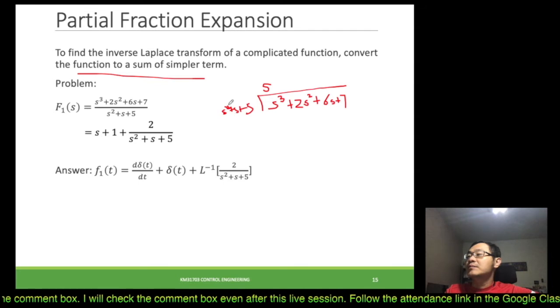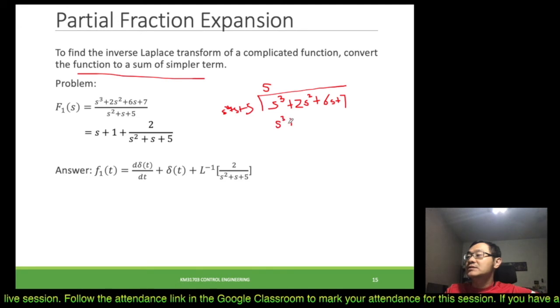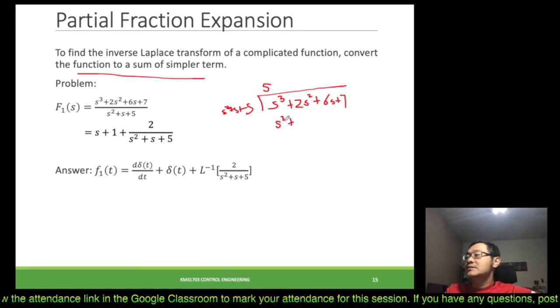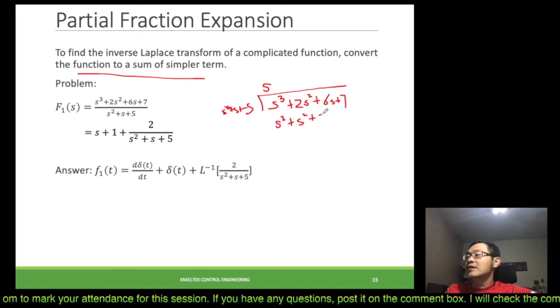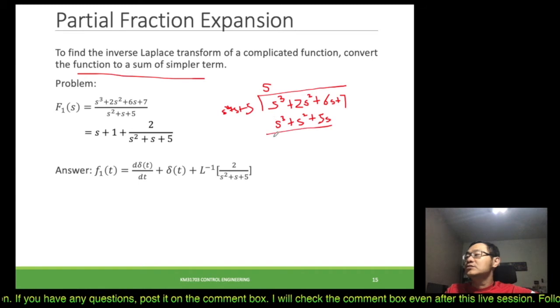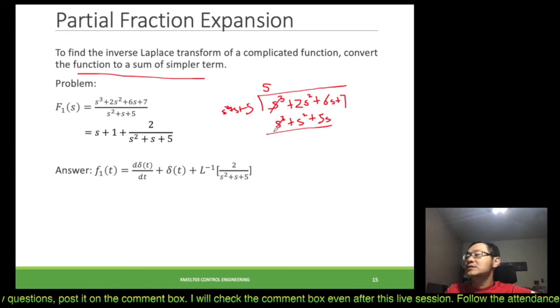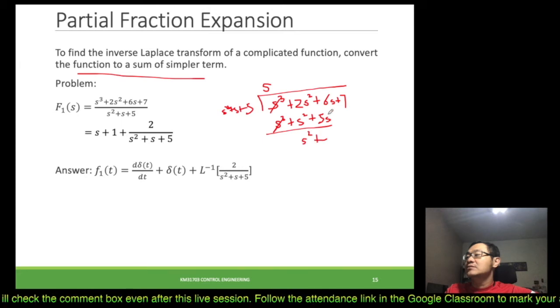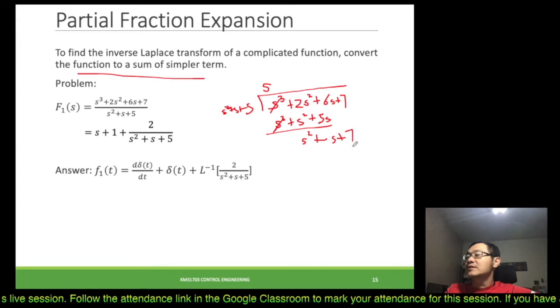So when we multiply by s, this whole thing will become s power 3 plus s power 2 plus 5. Okay, so it disappears, remaining s squared plus s plus 7, right?